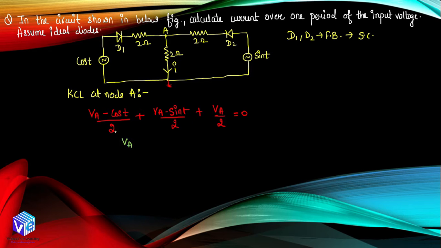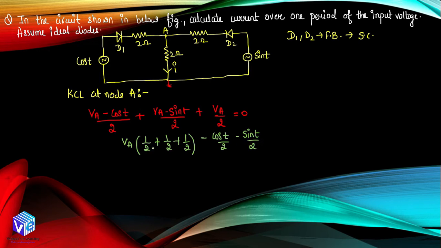So now we just need to simplify this, and we all can simplify a linear equation. If I take VA common, I will be left with 1 by 2. From here also I can take VA common, and I will be left with 1 by 2. From here also I can take VA common, and I will be left with 1 by 2. So now here I am left with minus cos t upon 2, and here I am left with minus sin t upon 2, right?